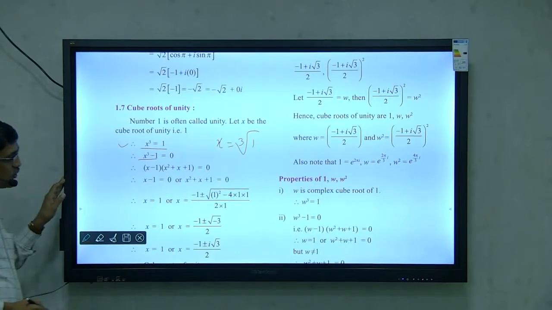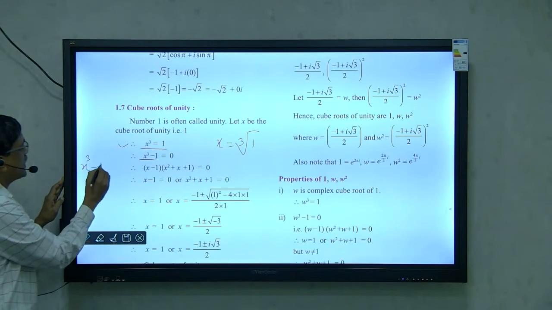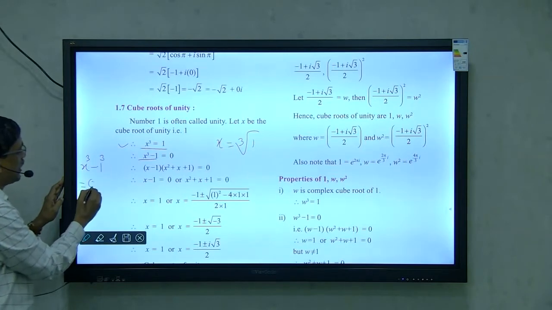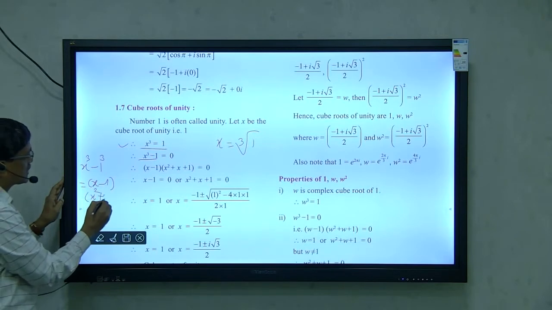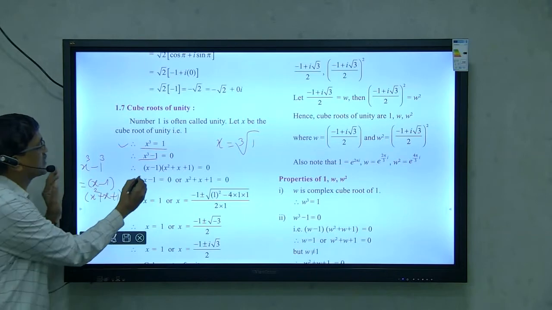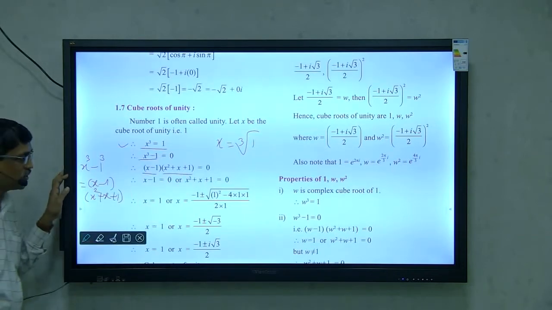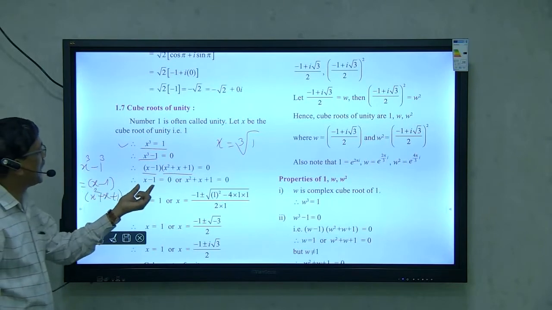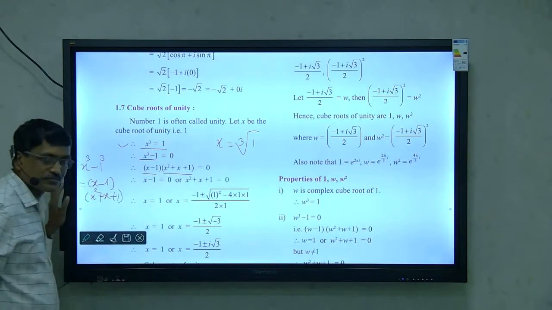How to solve this cubic equation? We know that the factors of x cube minus 1 cube are x minus 1 and x square plus x plus 1. See, factors: x minus 1 times x square plus x plus 1 is equal to 0. After solving these two equations, what we get? x minus 1 is equal to 0 or the second term is equal to 0.